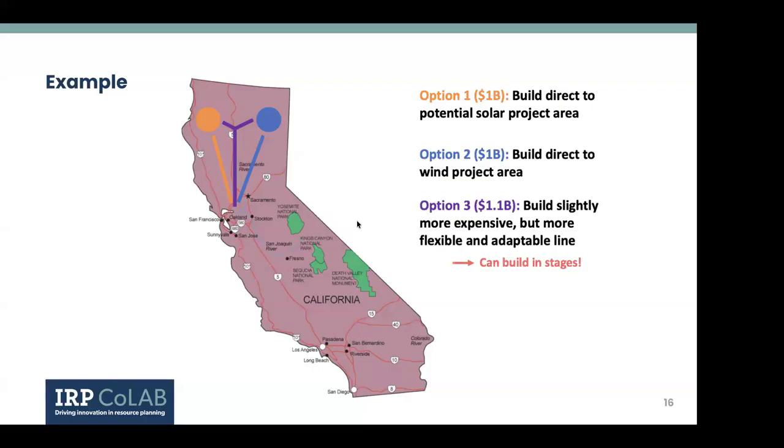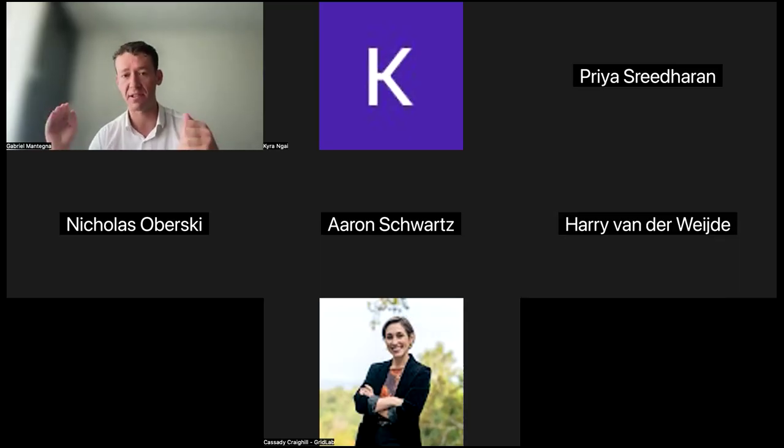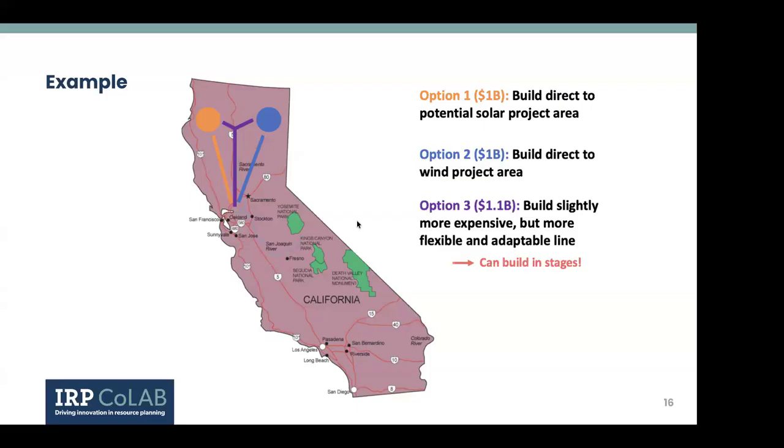So the key point, and that's a lot of words, is that it's really important that we think about these flexible, robust, and adaptable transmission upgrades that are going to be useful no matter what the future turns out to be. But the planning processes that we use now tend to miss these types of upgrades. And what this means is that we're over-optimized for one particular future.